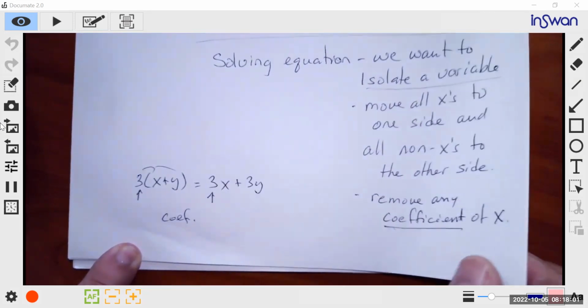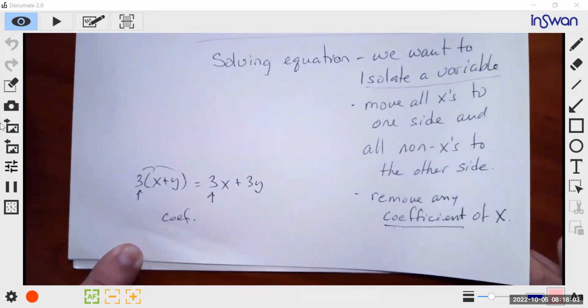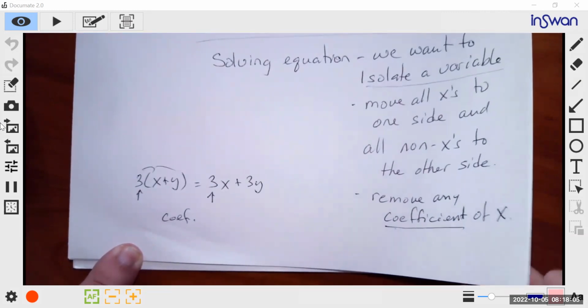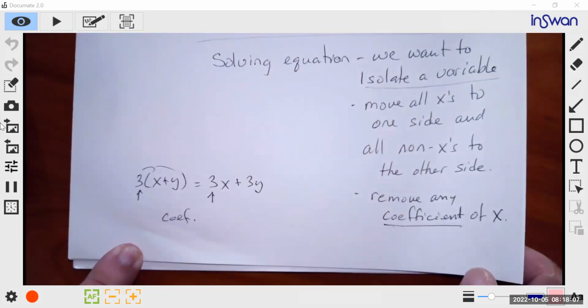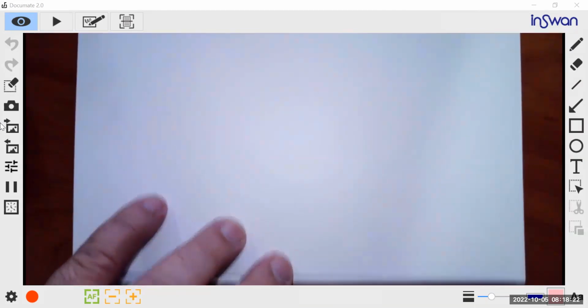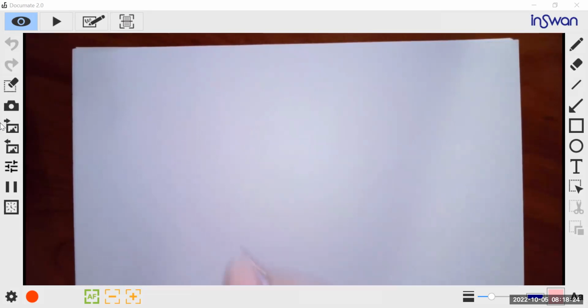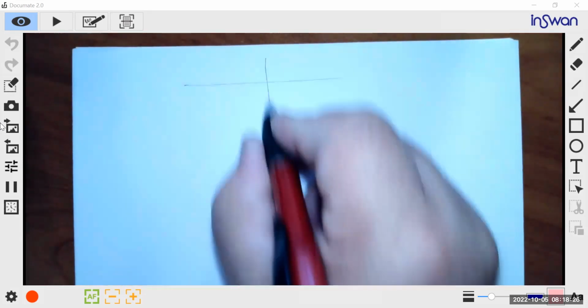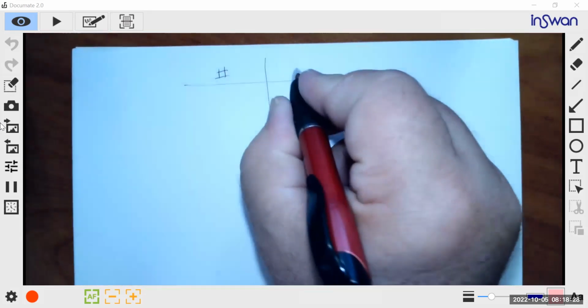All right, let's give you some examples and you tell me what the coefficients are. Okay. Here's the number. Tell me the coefficient.